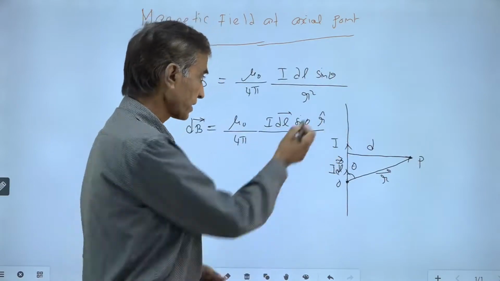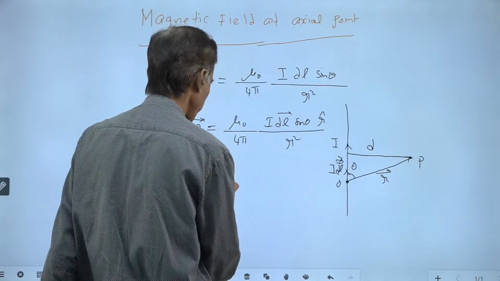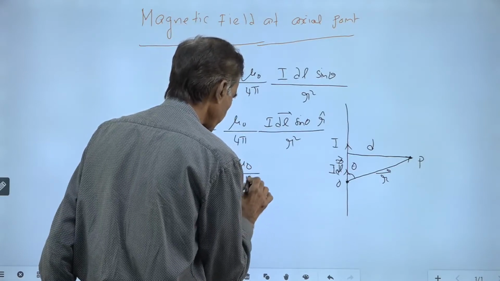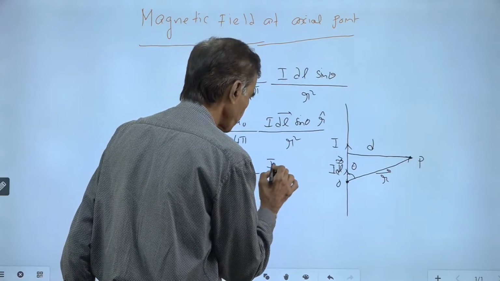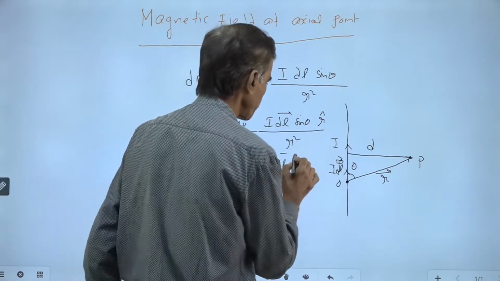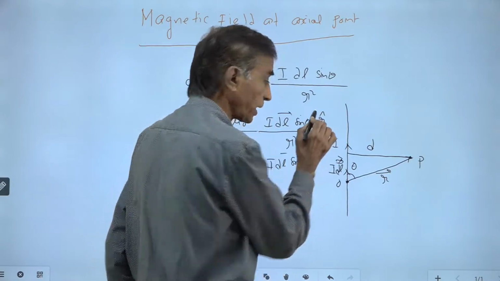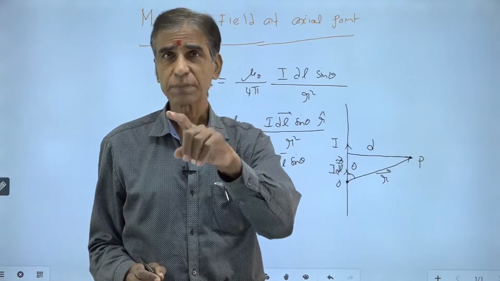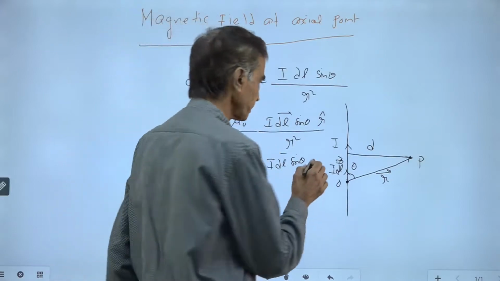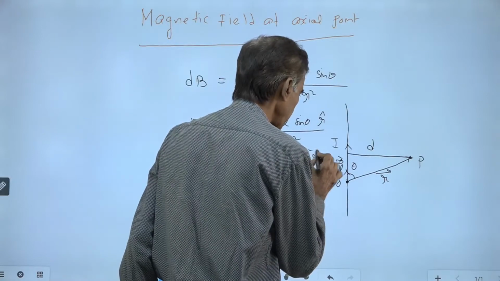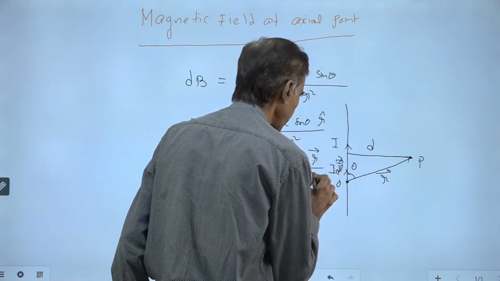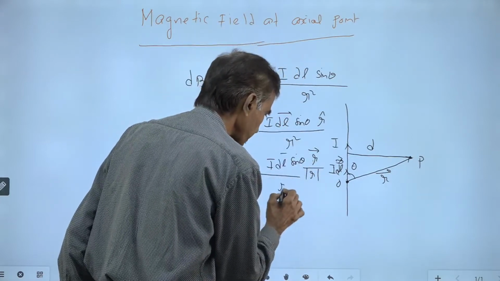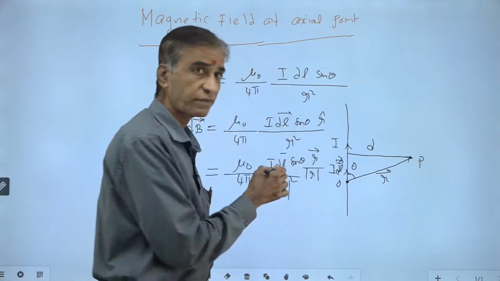So, how does it come in vector form? I can write it like this also, because what is our unit vector? How do we find the unit vector? The R unit vector is R vector divided by the magnitude of R vector. Therefore, I can write R vector by magnitude of R vector, divided by R, which is also the magnitude of R vector.